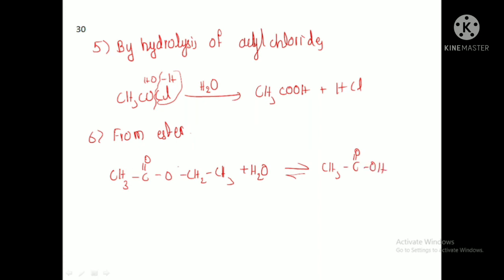The H OH bond will break, H will attach to this oxygen and OH will go to the carbonyl carbon. I will get CH3CH2OH, one acid and one alcohol. Since I am preparing acid, I get acid from this reaction. Hydrolysis of ester gives alcohol and acid. So these are some methods of preparation of acids.